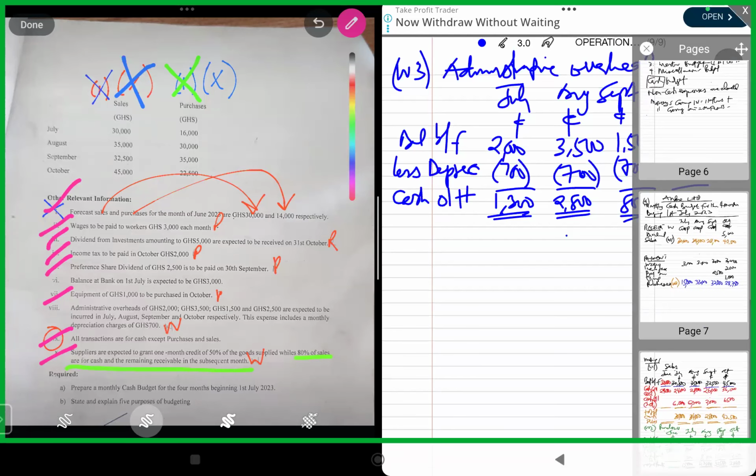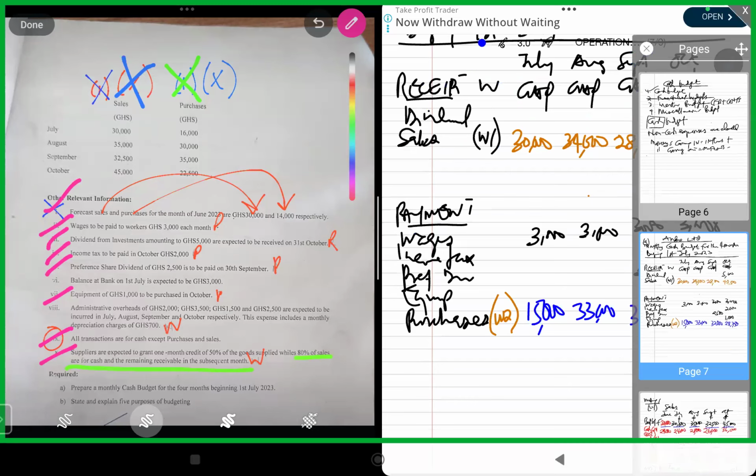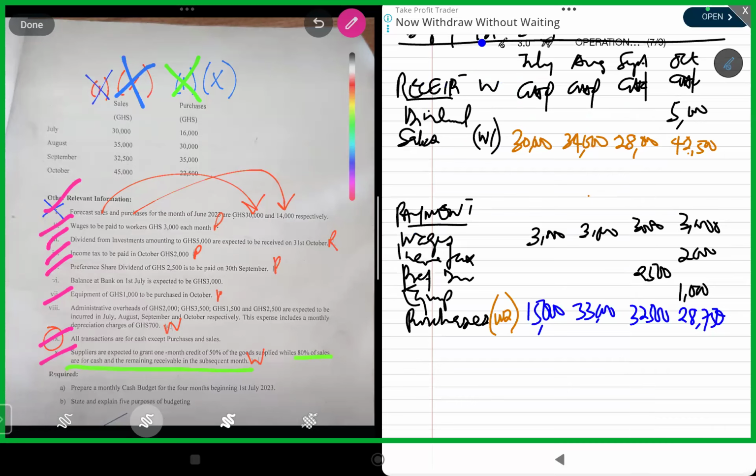So overheads are expenses. Are they going to fall under the receipts or under the payments? Expenses, the payments. Good. So you say admin overhead, working 3.